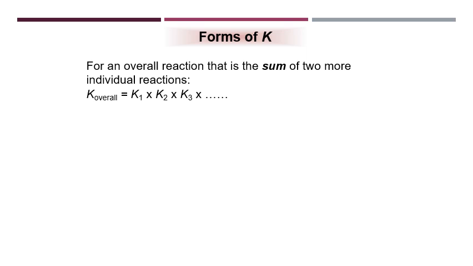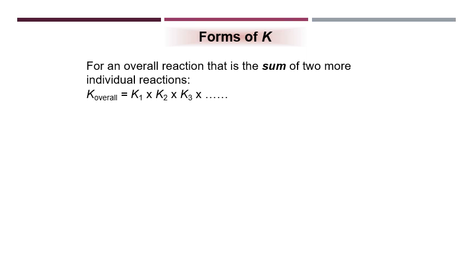We're going to now look at the next couple of manipulations of K, the first of which involves a multi-step reaction. The overall reaction will be the sum of 2 or more individual reactions, and the value for K for the overall reaction will be the different values for K multiplied together.